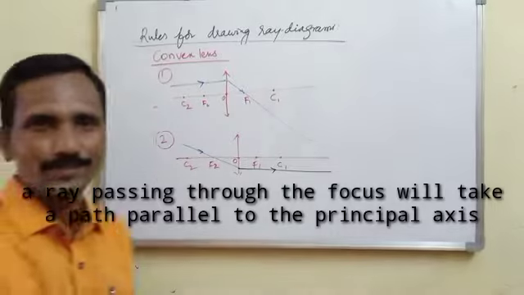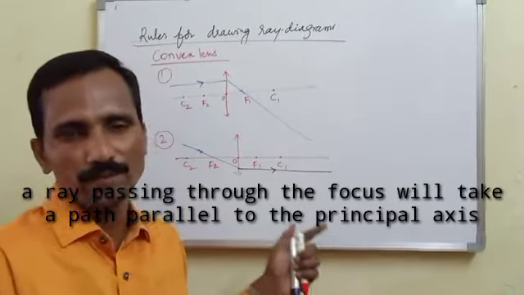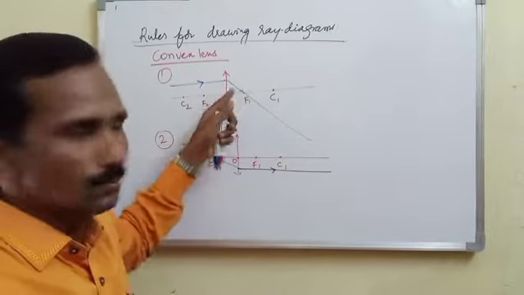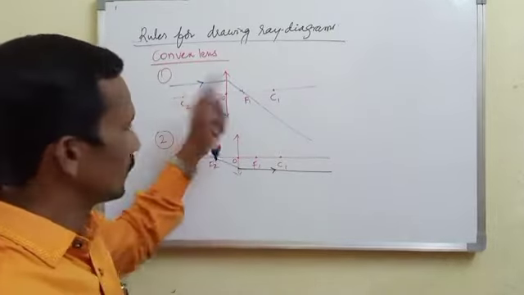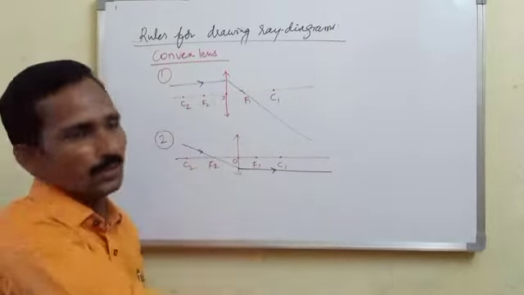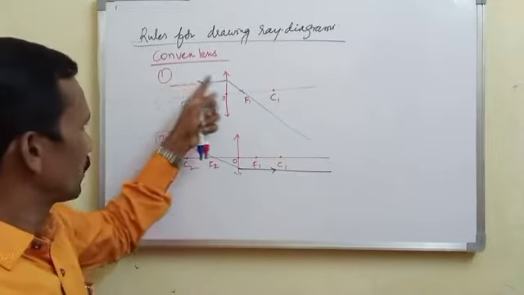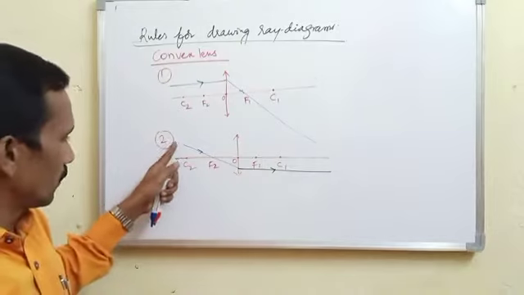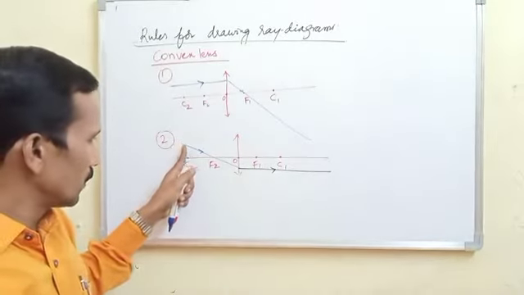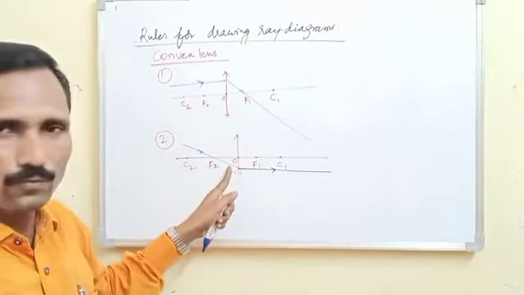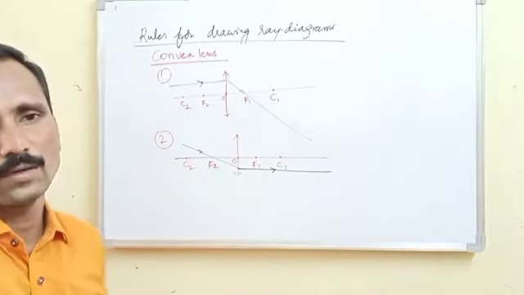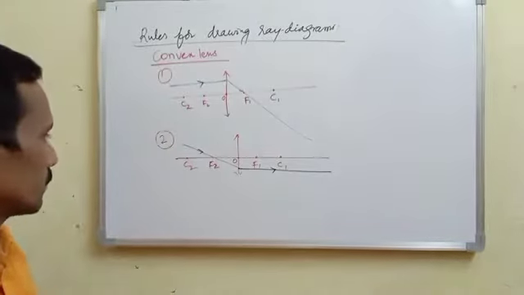Are you recalling something? In mirrors, reflection of light, the parallel light ray moves through the focus, but in lenses the light refracts to the other side also. So the parallel light ray after refraction goes through the focus. The incident ray which passes through the focus, after refraction, will become parallel to the principal axis.